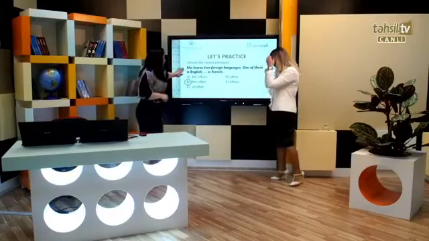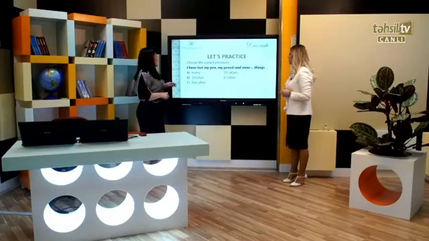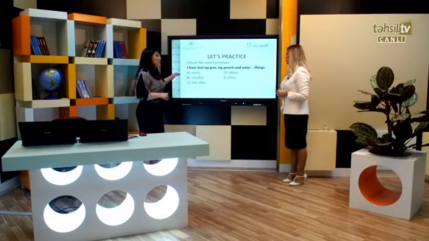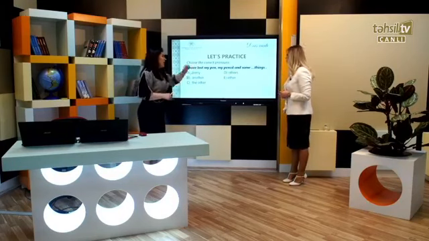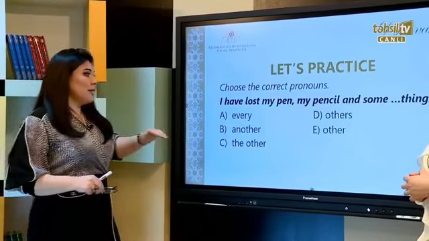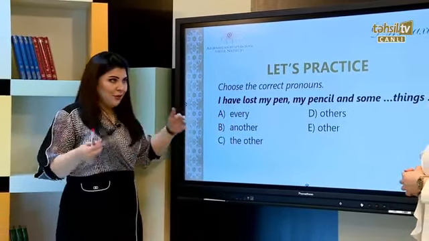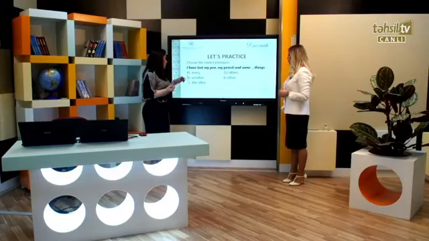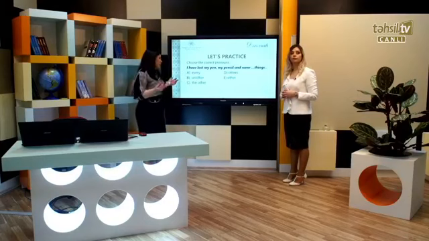Okay. The next question. Choose the correct pronouns. I have lost my pen, my pencil, and some blank things. So we can't say some everythings, it doesn't sound right. Every is used with a singular noun. We can't say another things, incorrect.